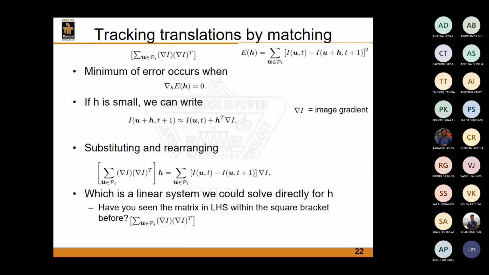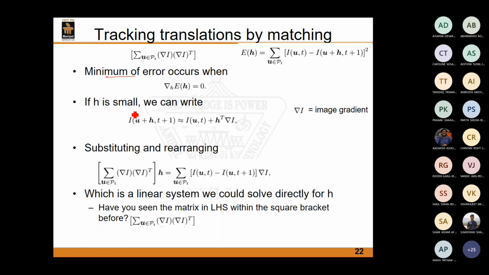Now, going further, we want to find the minimum of this SSD error. So we are trying to minimize the cost function in this case. To minimize a cost function, or a particular equation, we basically differentiate it and equate it to 0.